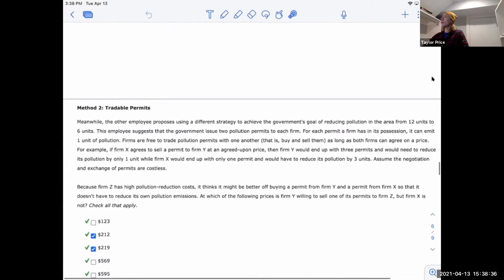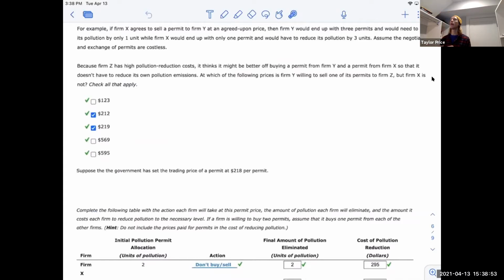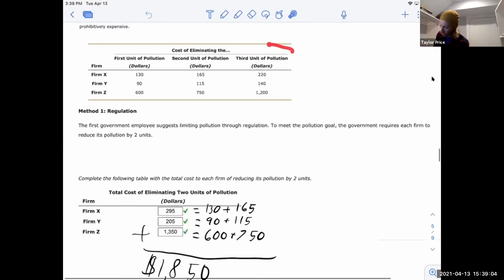The second method, the tradable permits, is quite a bit more complicated, because the government has to set a price to reduce pollution by a certain amount. The takeaway here is that for a firm to reduce pollution, you have to look at the firm's cost of the third unit of pollution.